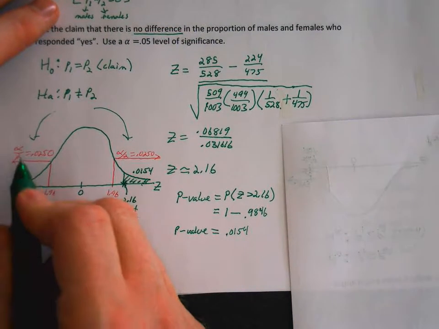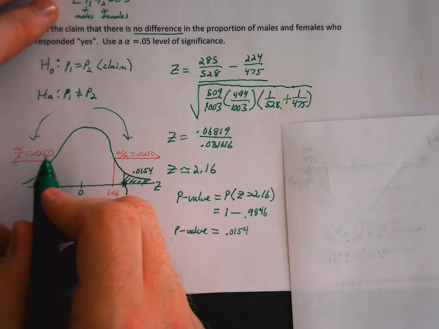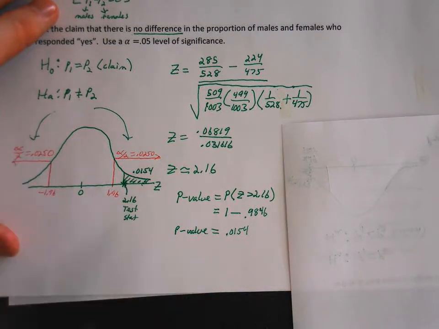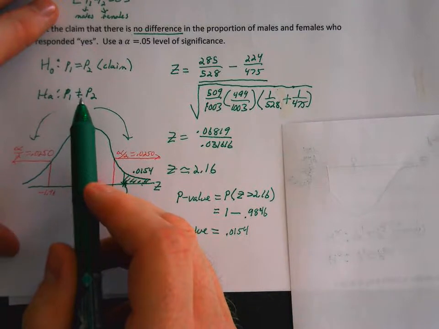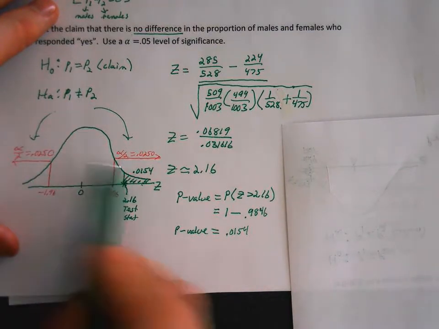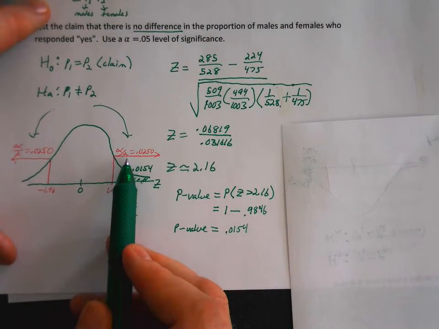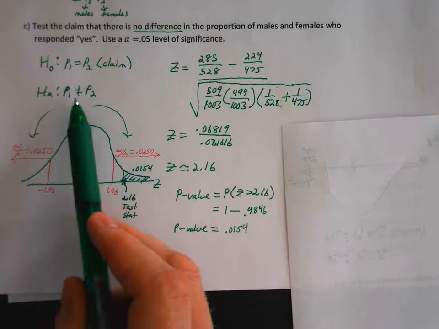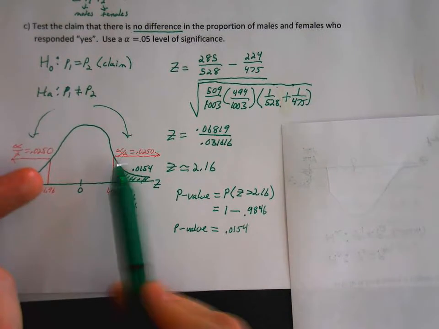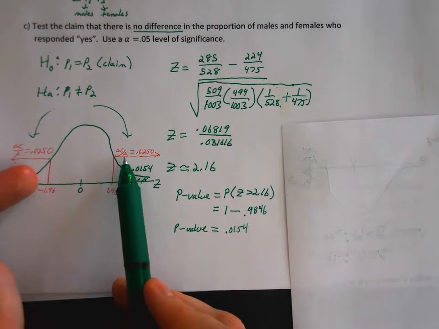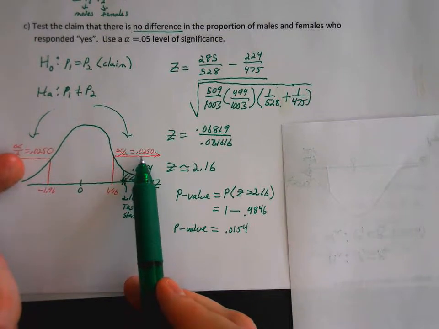So that's where alpha over 2 equals 0.025 comes from. This is why I keep saying the concept is the same. The not equal to in the alternative hypothesis always means a two-tailed hypothesis test, where you do alpha over 2, no matter what you're testing. The diagram is set up the same way, with alpha over 2 on each side.